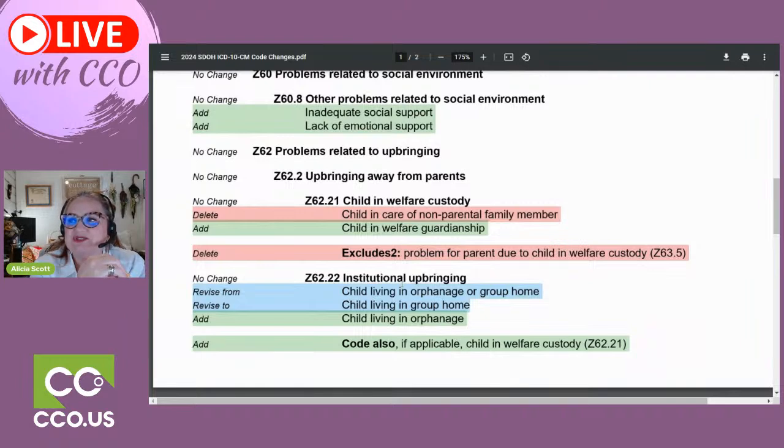It is Z62.2. There is no change in the phrasing of the description except they deleted child in care of non-parental family member, and child in welfare guardianship was added. That wasn't available before.